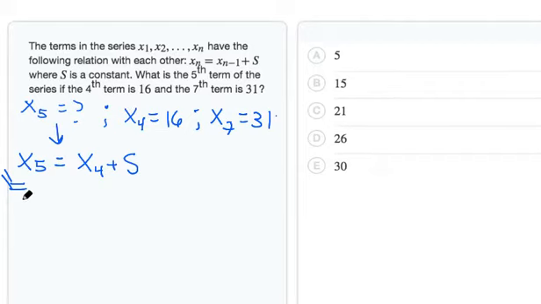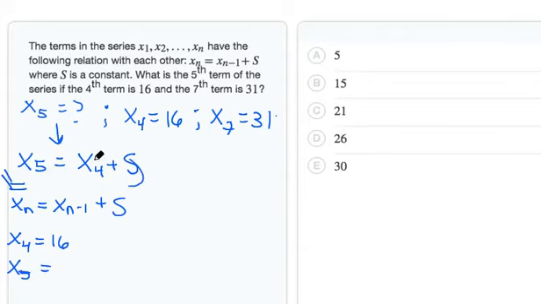Using our series x sub n equals x sub n minus 1 plus s, we'll start looking at the pattern, where x sub 4 is 16. We do have information about x sub 7 and that might help us. X sub 5 we said is x sub 4 plus s, and x sub 4 is 16, so 16 plus s.